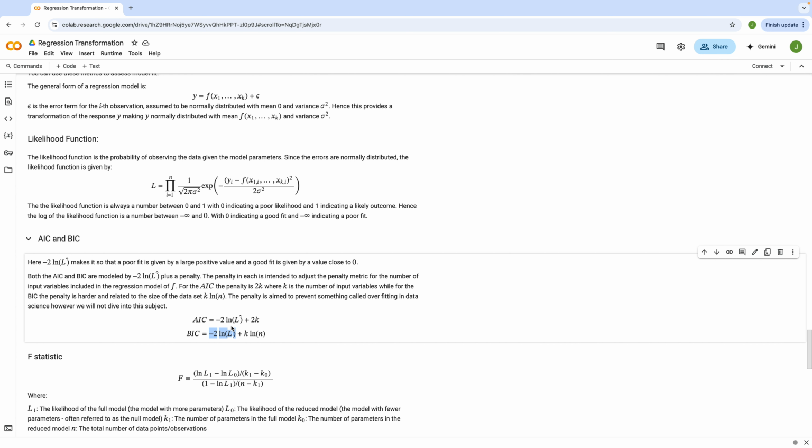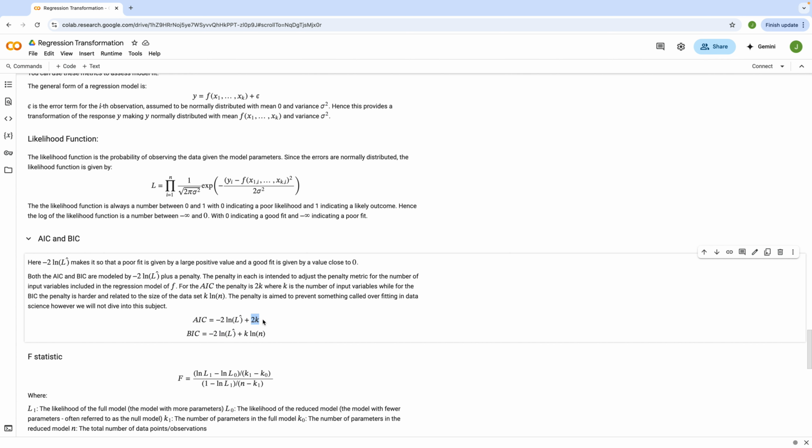And the 2 is there for classic reasons to make formulas simpler. So the scale for both AIC and BIC is 0 to infinity, 0 indicating a good fit, infinity indicating a poorer fit. So we're looking for numbers that are closer to 0.